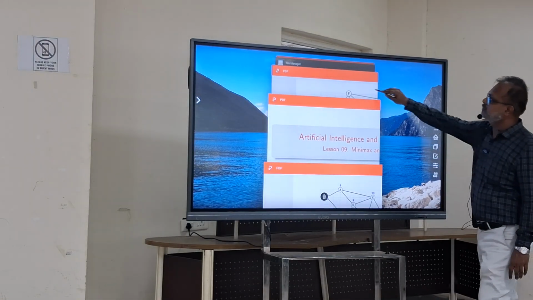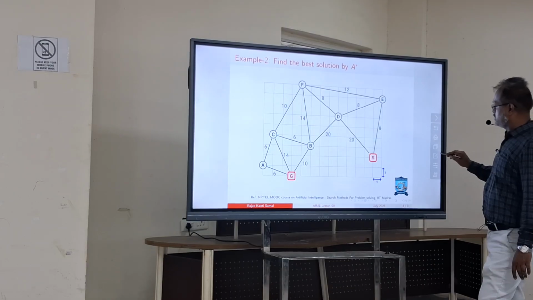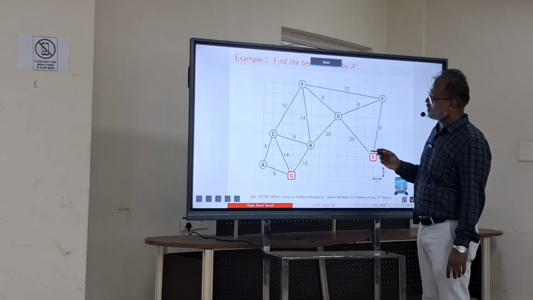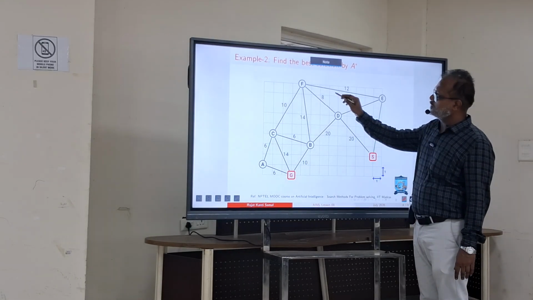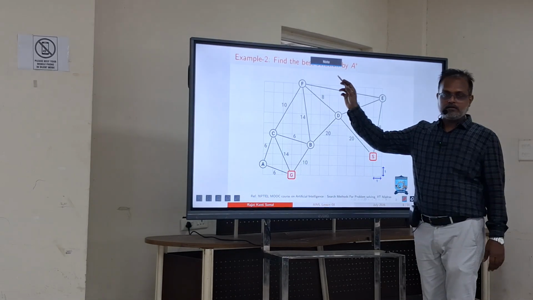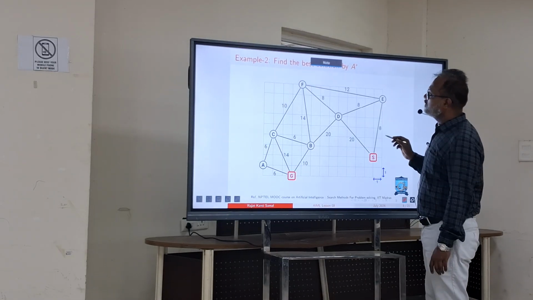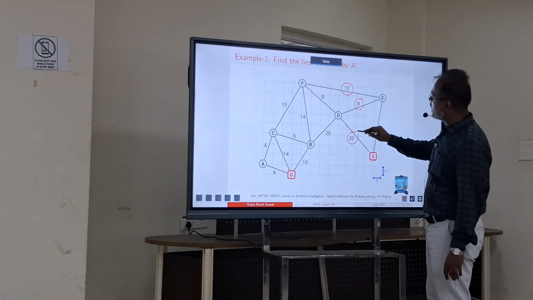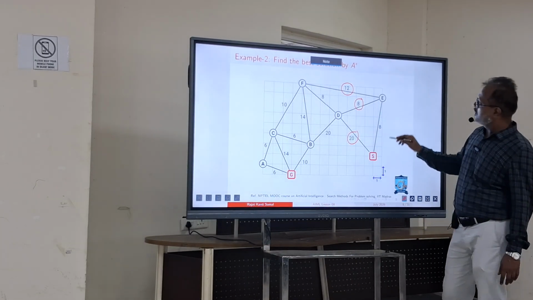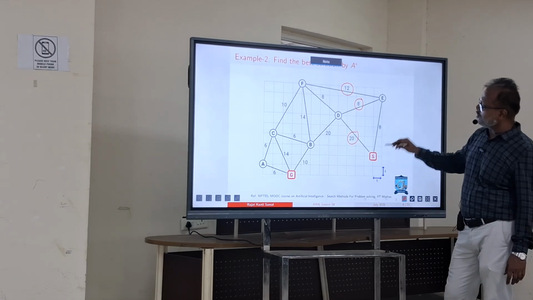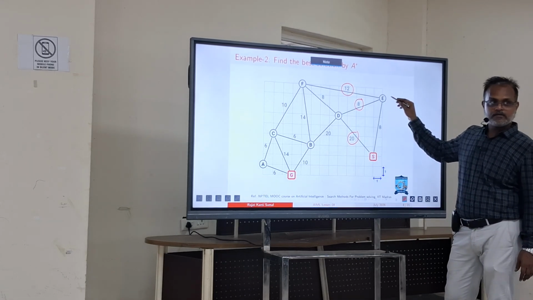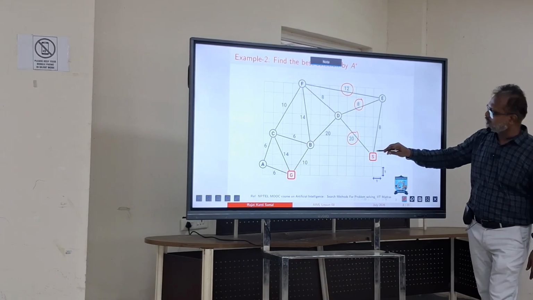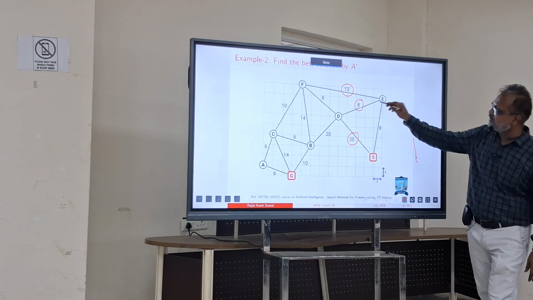Whereas in the A star algorithm, this is the second example, the first example we discussed. What is the distance of E from S? 1, 2, 3, 4, 5, or in this direction 1, 2, 3, 4, 5, 6, 7.